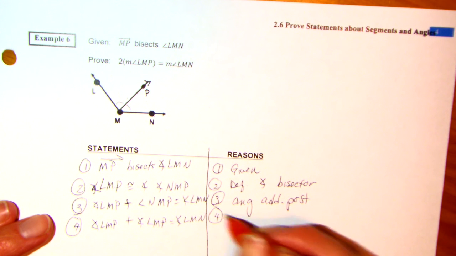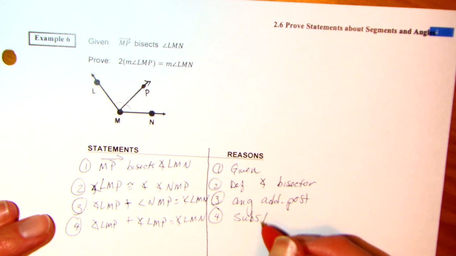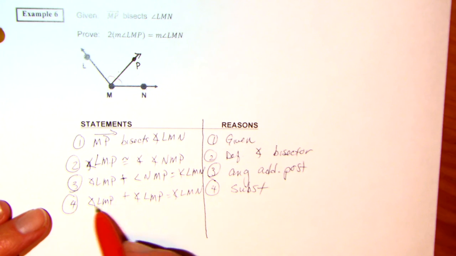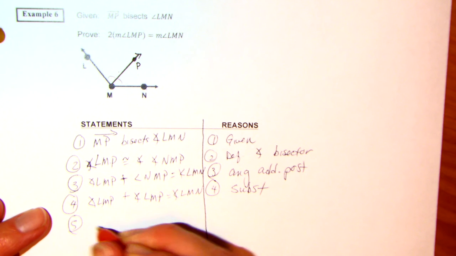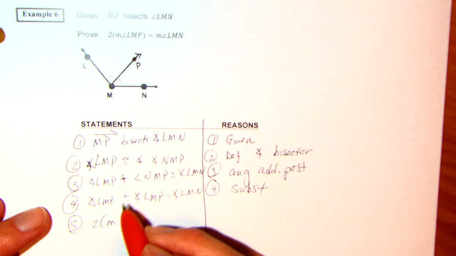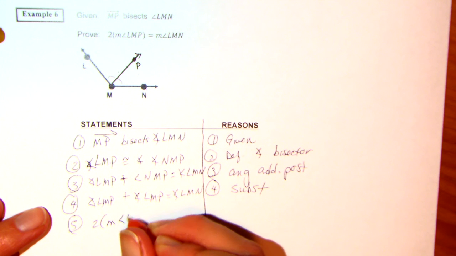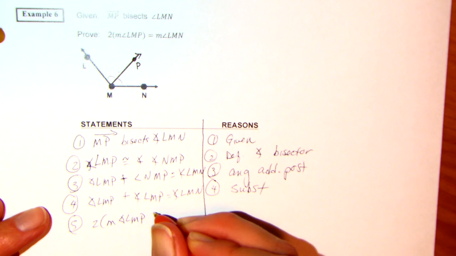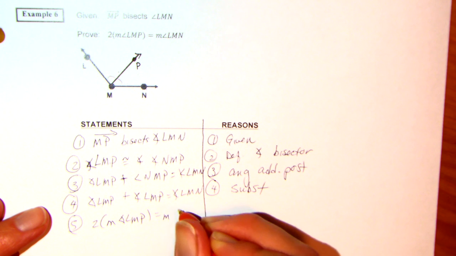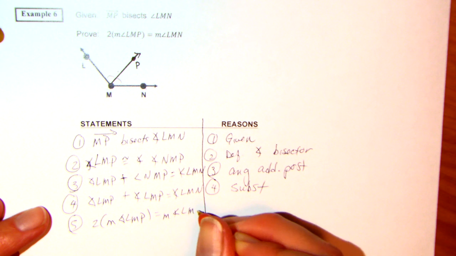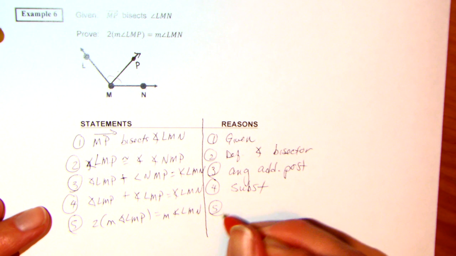So I just substitute it in. And look at this, I've got two of those. The angles, we have two of them, the measure of LMP is equal to the measure of angle LMN. I just simplified.